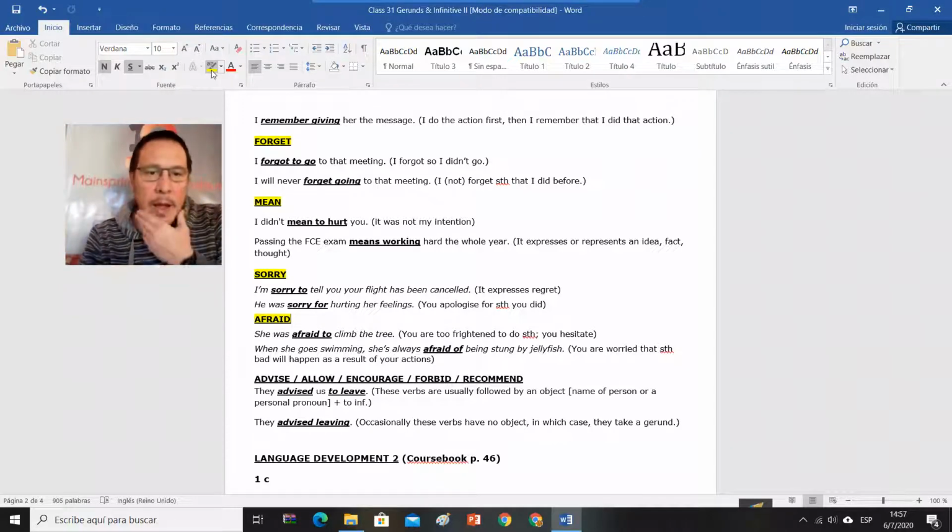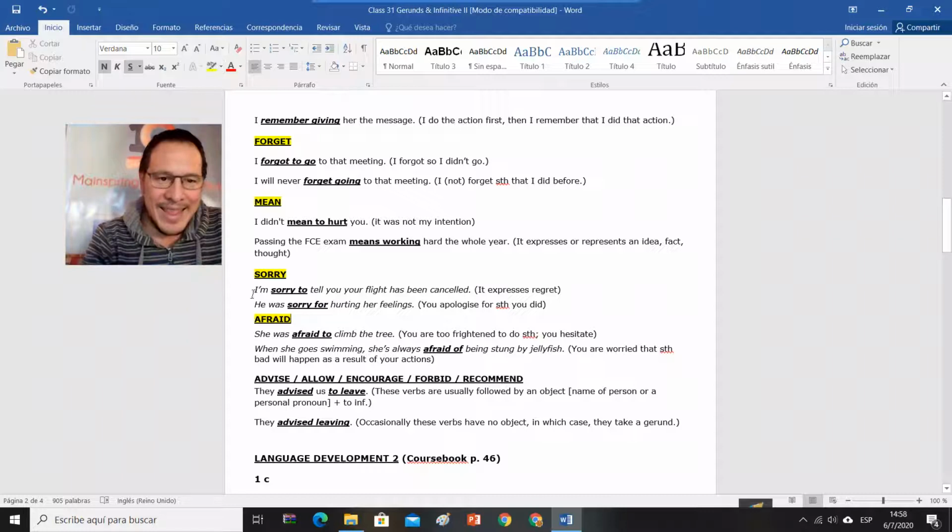Okay, and then, well, mainly anyway, in the cases of sorry and afraid, the helpful part is that in the second case, sorry for and afraid of, as you can see, are followed by prepositions. So remember the prepositions, and obviously they will be followed by gerunds, which is a rule, preposition plus gerund, that we saw again last class.